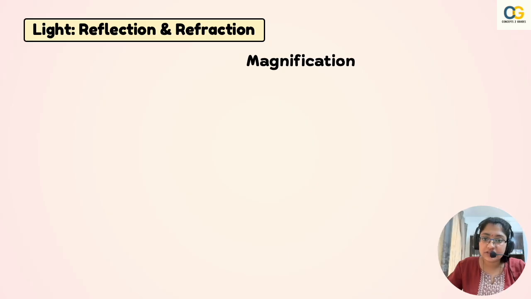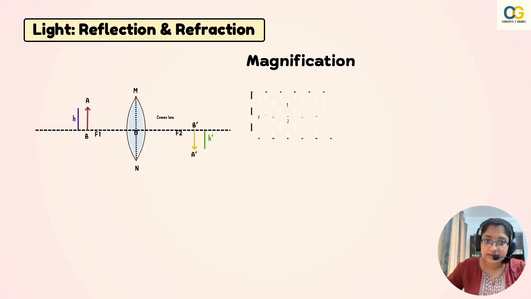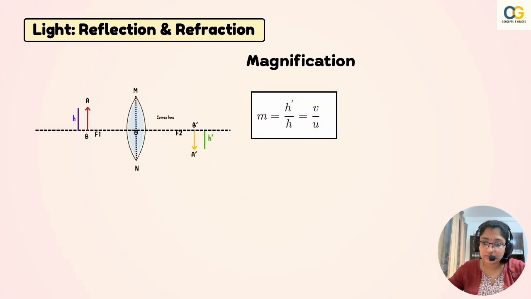The magnification formula is given as m equals image height by object height, which is image distance divided by object distance. There is no minus here, so you can remember it like this: in the lens formula there's a minus, so the magnification doesn't have a minus.